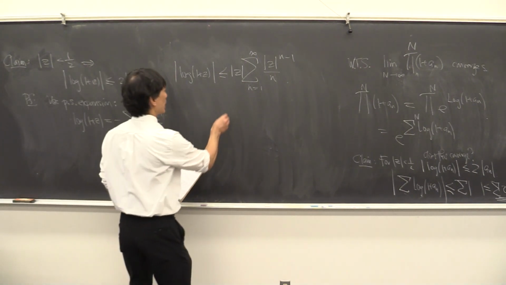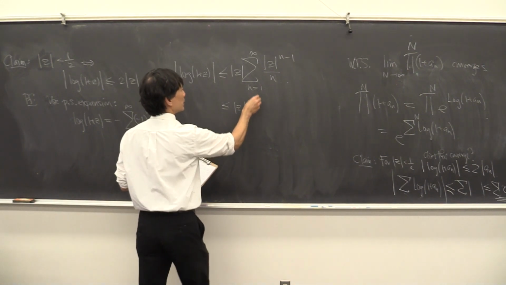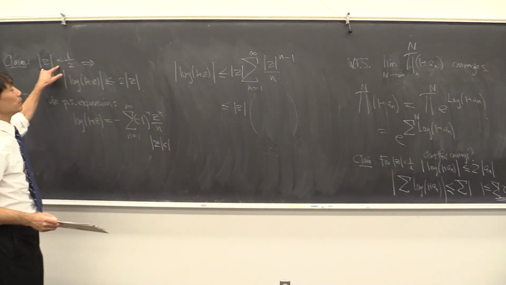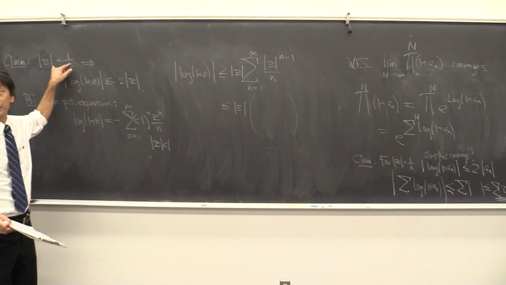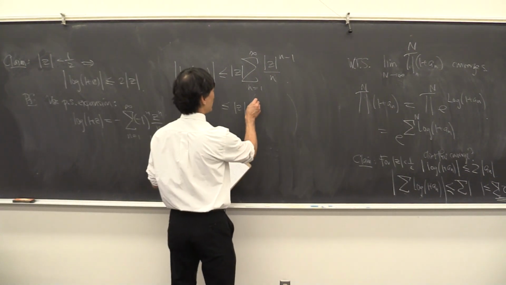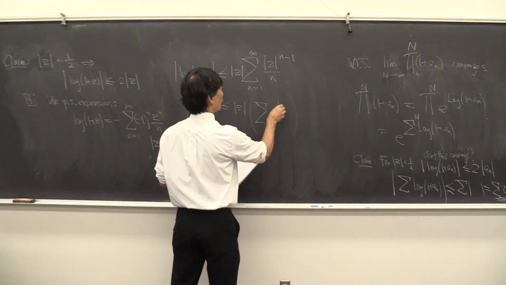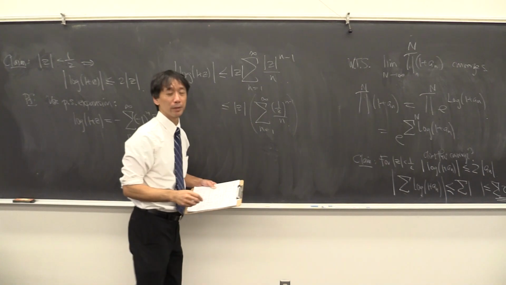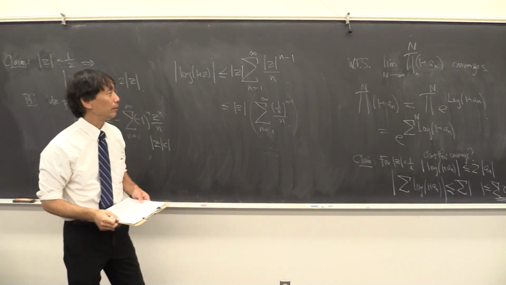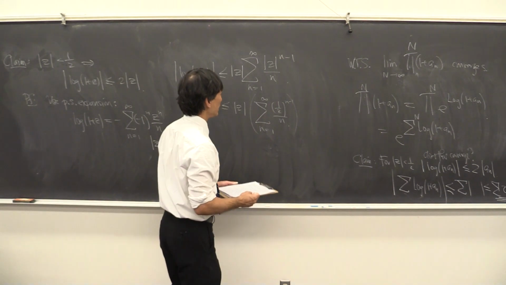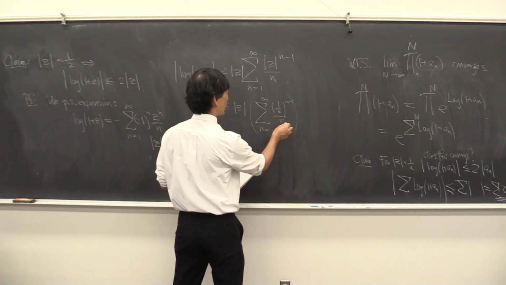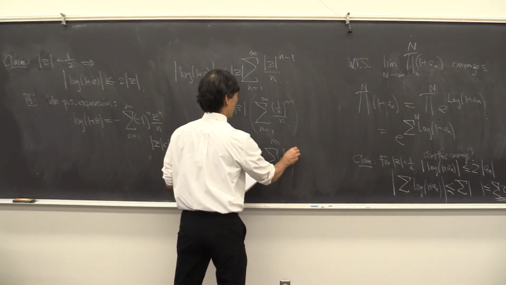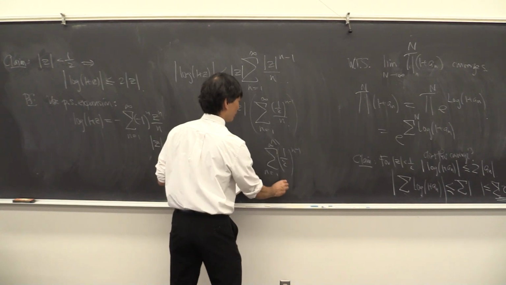So we get the absolute value of z times this term, right? But z was assumed to be less than 1/2 in modulus, so we just get summation of (1/2)^(n-1) over n as n goes from 1 to infinity. Well, that's smaller than summation (1/2)^(n-1) as n goes from 1 to infinity, which is 2.